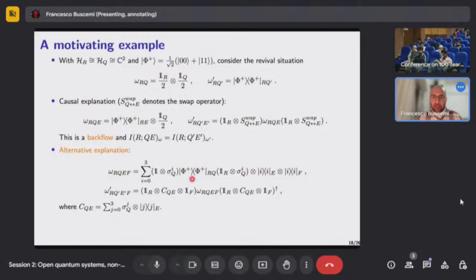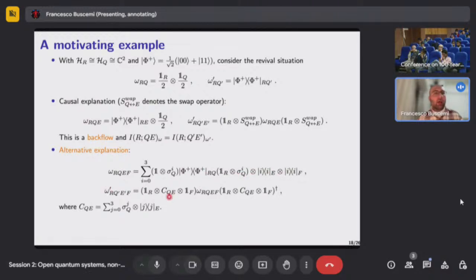So you have that the state between reference and system is given by the maximally entangled state, but the system is rotated with Pauli matrices in a random way, okay? Oh, there is 1/4. I forgot to put 1/4 here in front of the state. It's not normalized. But these Pauli matrices are perfectly correlated with the environment, which is in turn perfectly correlated with this other system F.